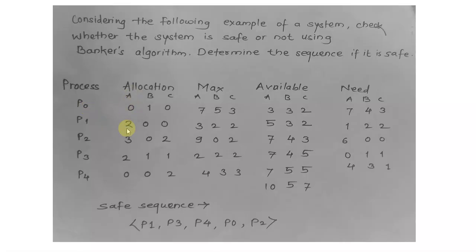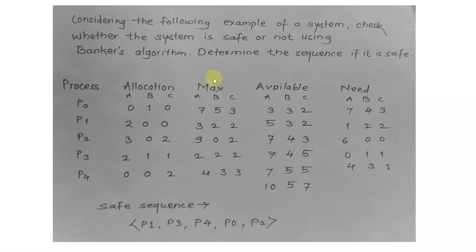Similarly, 2 instances of resource A are allocated to P1 and 0 resources of type B and C. Now 302 is the allocation for P2, 211 is the allocation for P3, and 002 is the allocation for P4. So these are the already allocated resources for processes P0 to P4.